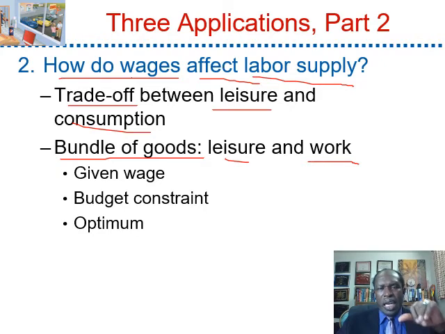If you take less vacation, then you're working more, then you make more money. So therefore, labor supply is derived given the wage rate, and it also depends on the budget constraint, how much the consumer can spend on goods and services, and is also determined by the optimum.